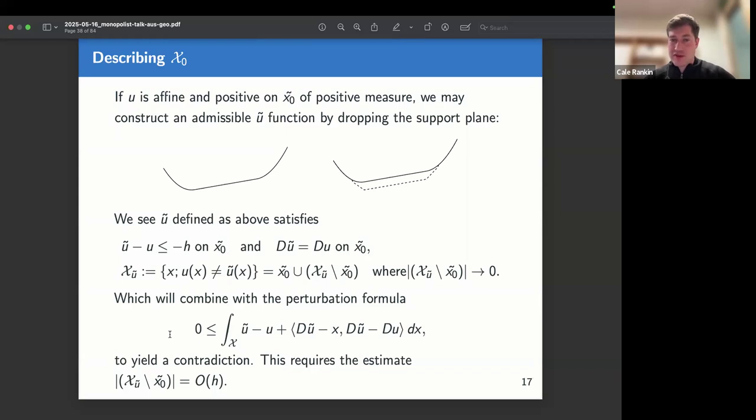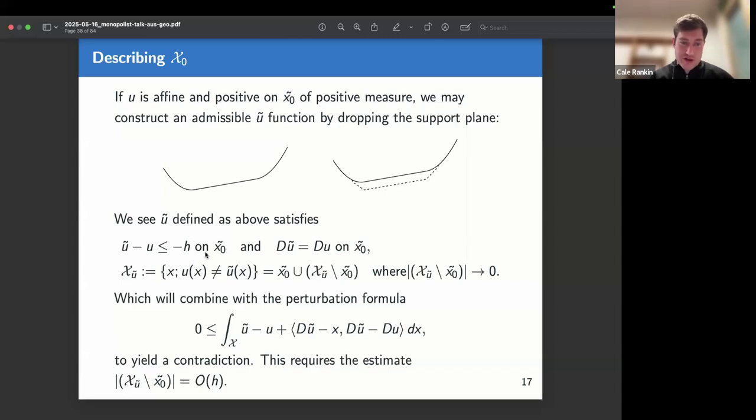So take my u, and suppose for a contradiction, it's affine, it's flat on a set of positive measure, but is not 0 there. I'm going to define a u tilde, a competitor function, by taking my u and dropping it down on the set which is affine. Now, the function we've got there is not convex, but as a technical aside, you can patch it up so it is convex.